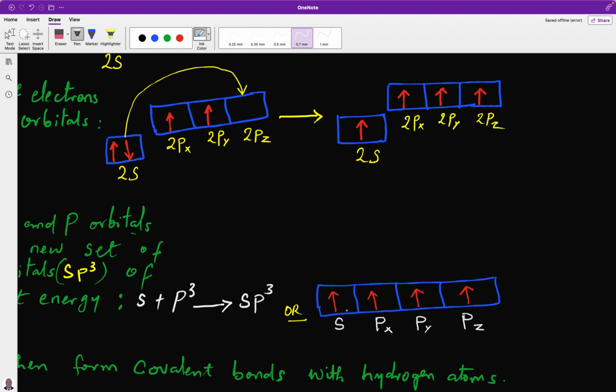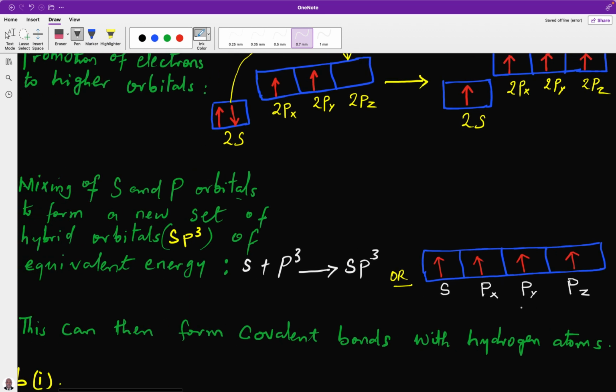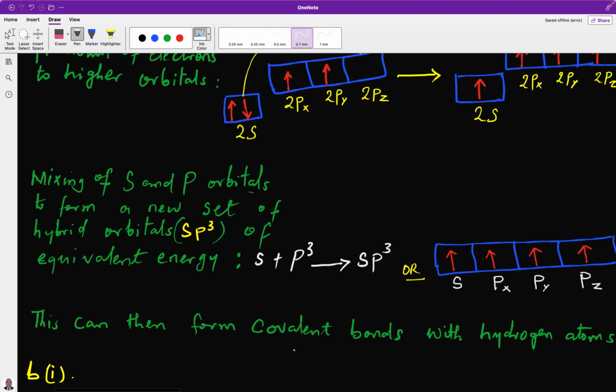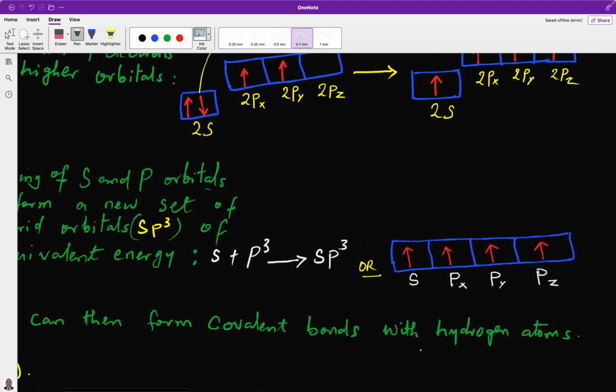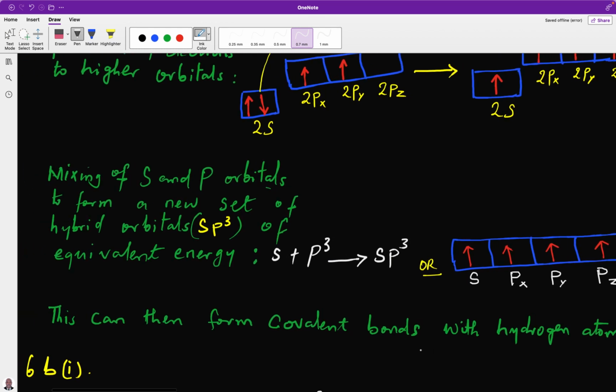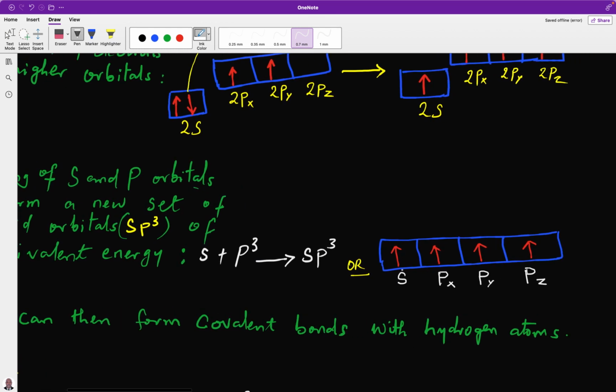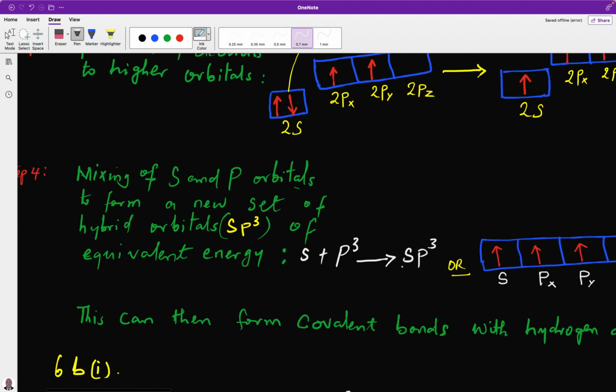Hydrogen can donate 1 electron here, another hydrogen here, another here, another here, giving us CH4, which is methane, undergoing sp3 hybridization. So this can then form covalent bonds with hydrogen atoms to complete their electrons in orbitals. And that's all.